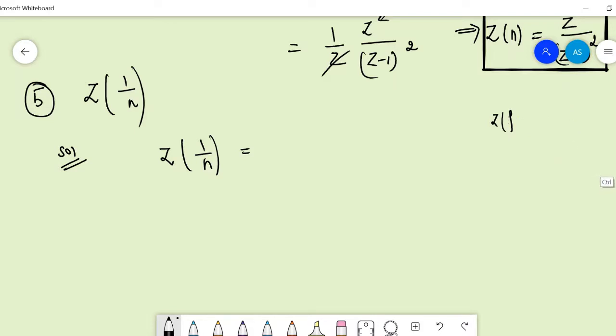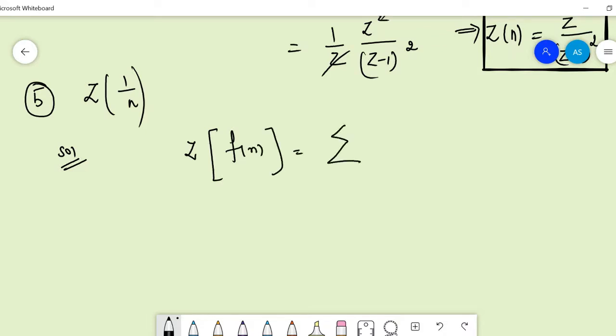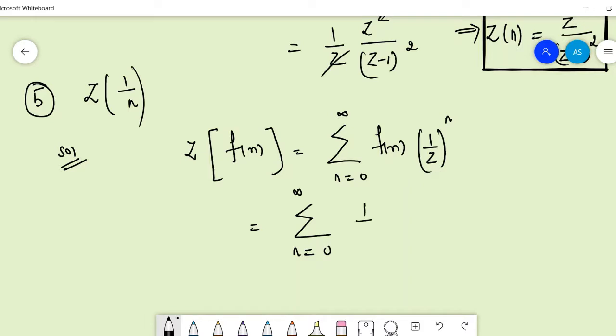First I am writing the formula here. Z transform of f of n, summation n ranges from 0 to infinity, f of n, 1 by z power n. Now summation n equals 0 to infinity, just I am substituting this function 1 by n, 1 by z power n.